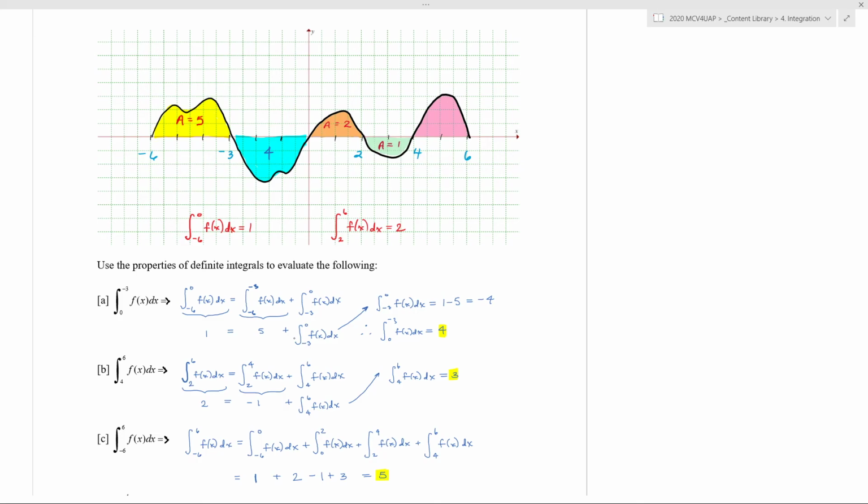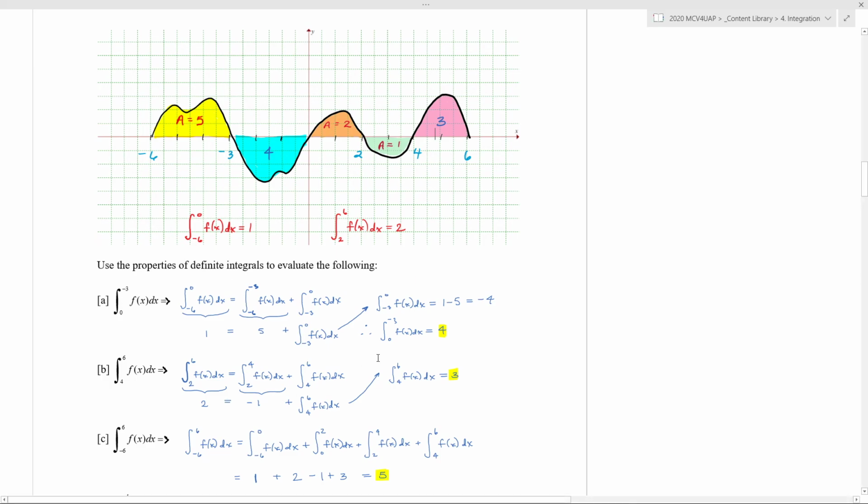So what does the pink shaded region need to be if the total integral from 2 to 6 is 2? Well, it would have to be 3, because 3 plus -1 gives me 2, which is the value of the integral from 2 to 6.